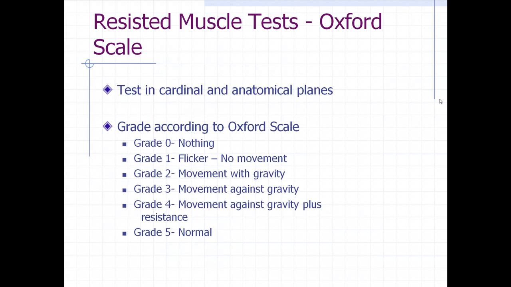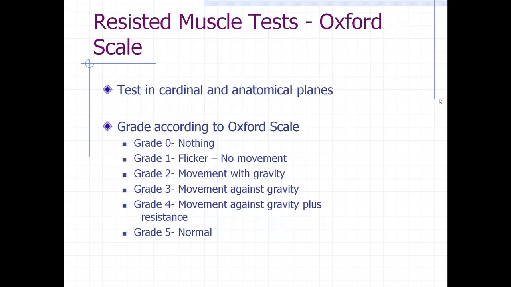Having completed our active ranges of movement and looked at the relative accessory movements that occur at the sternoclavicular joint, the acromioclavicular joint, and the glenohumeral joint, we then move on to resisted muscle testing. And once again, the aim is to assess for symmetry and or pain.